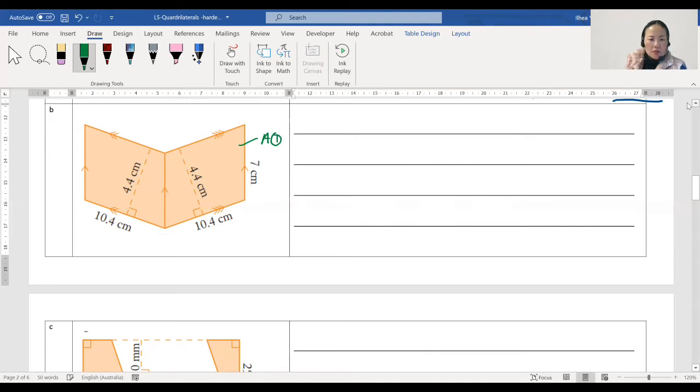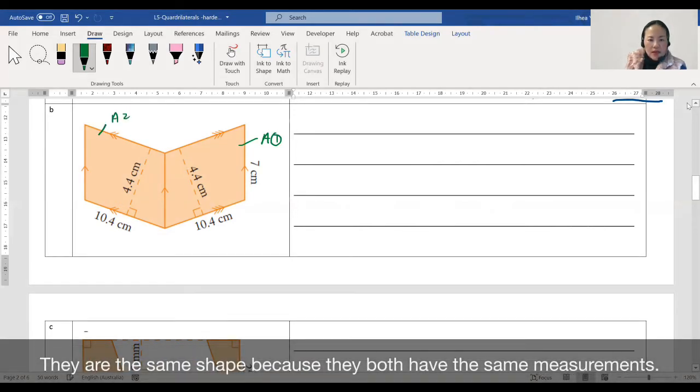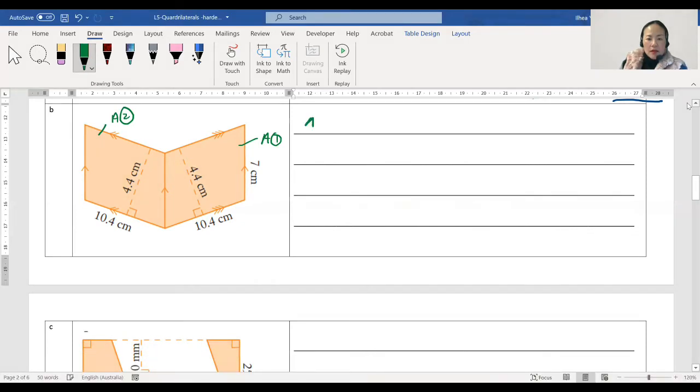It doesn't really matter which one is area 1 or area 2 in this case because they're both the same. Normally we call the bigger shape area 1, but these look the same. Now step 2 is all about individually, what kind of shape A1 and A2 are.